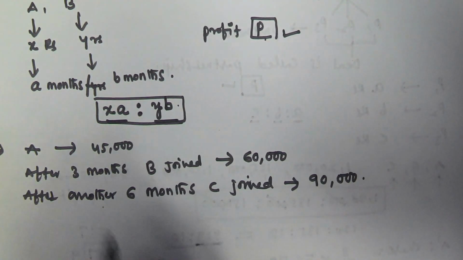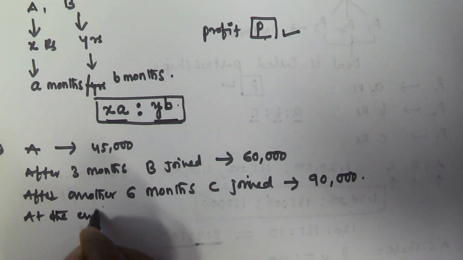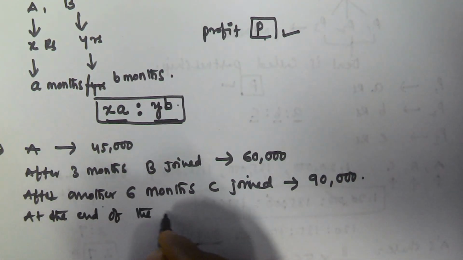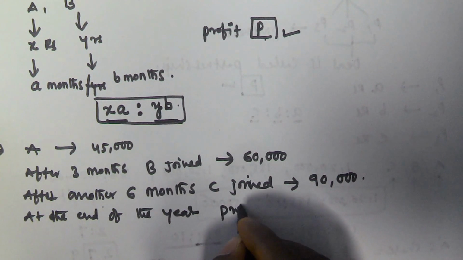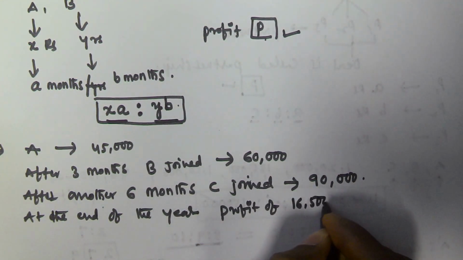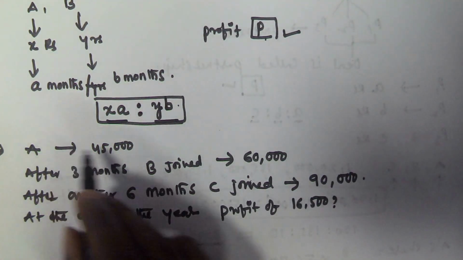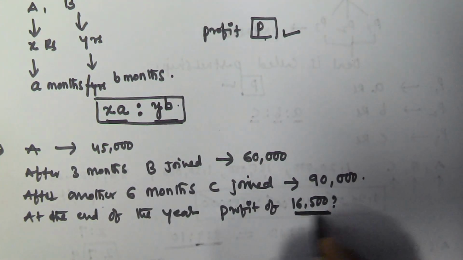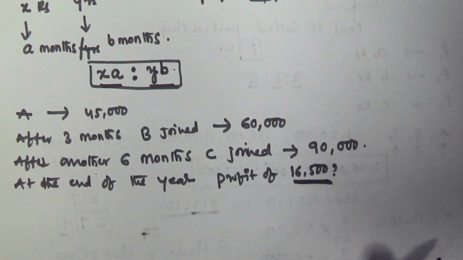At the end of the year, they made a profit of 16,500. We have to find the share of A, B and C in this profit.